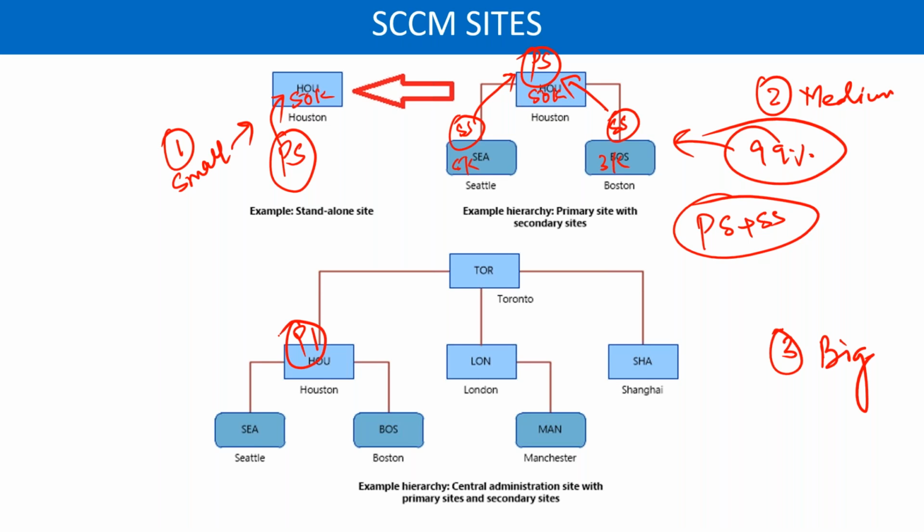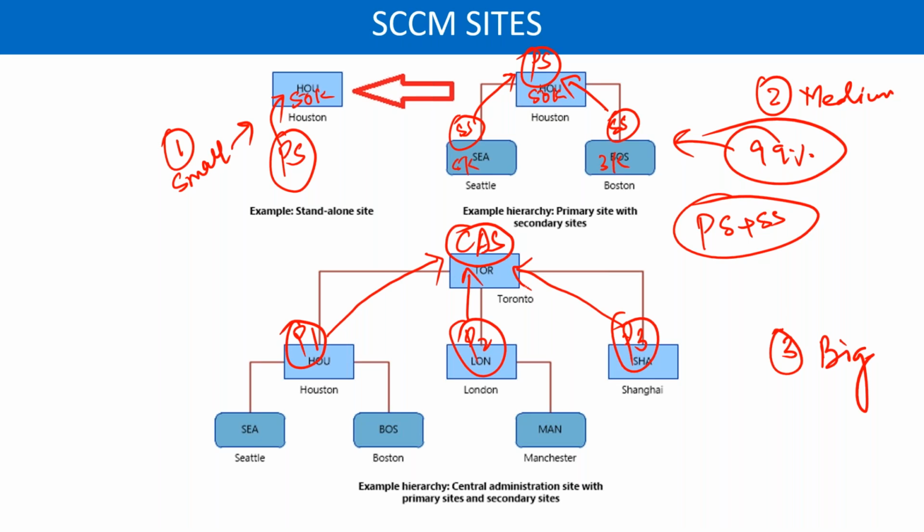For example, one primary site for the Americas region, another for the Europe region, and another for the Asia Pacific region. If you have more than one primary site, then you can go with a CAS, the central administration site, which sits at the top of the hierarchy, and all primary sites report to it. If you don't have more than one primary site, you don't need a central administration site.